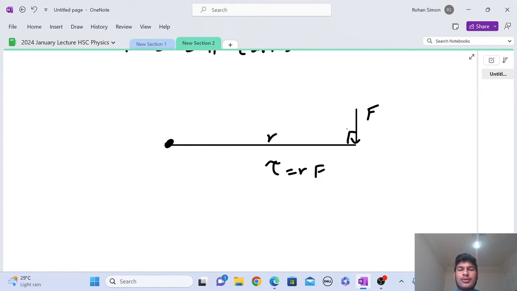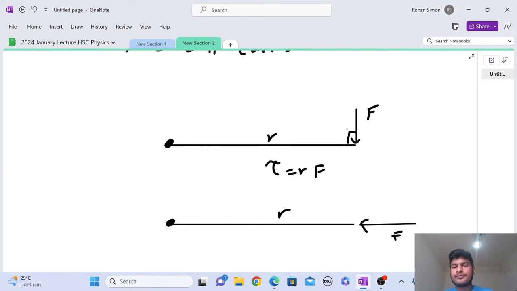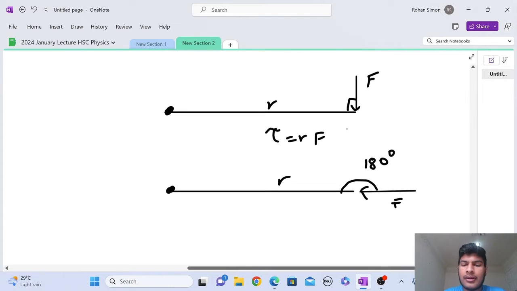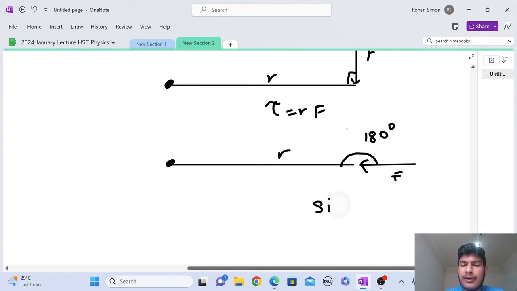But if you think about the situation where we've got a lever arm like so, same lever arm, same distance, but this time the force is applied in the direction of the lever arm, as so. Is that going to actually generate any torque? Well, the answer to that is no. So if we have an angle of 180 degrees here, what happens when we have sine of 180 degrees?